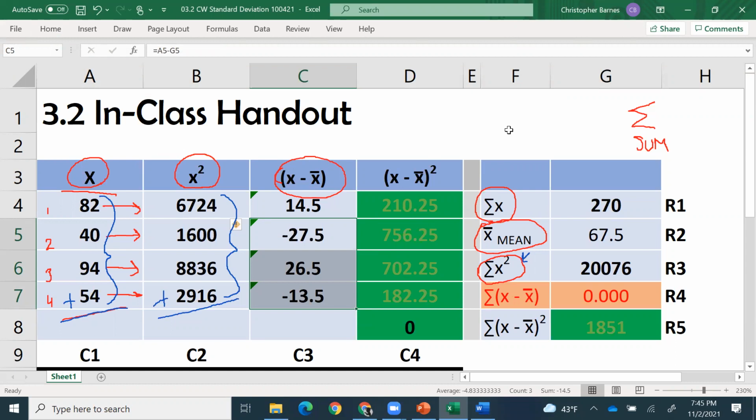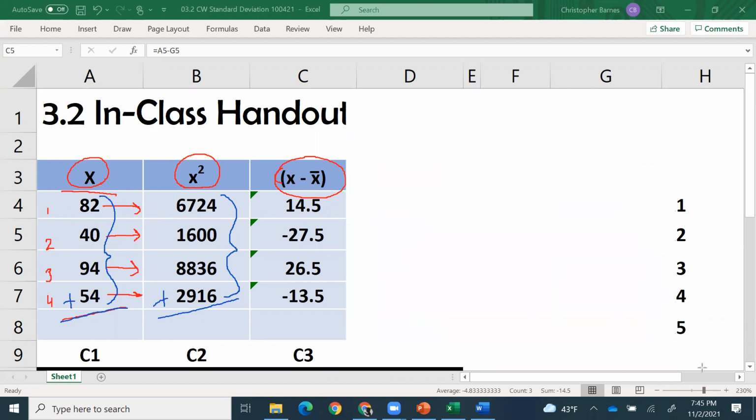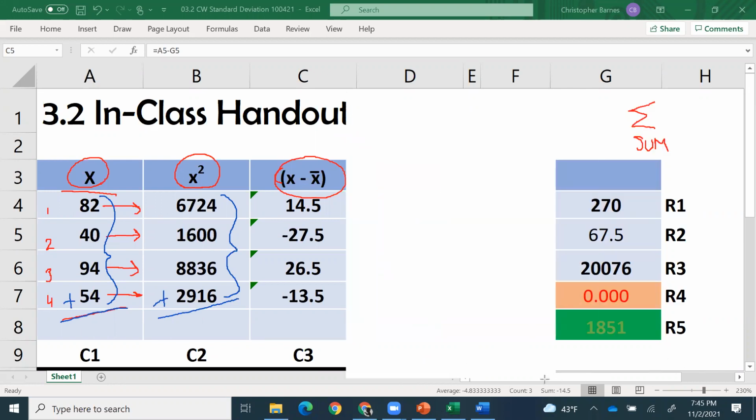Now, what I want to show you is the fact of looking at this.